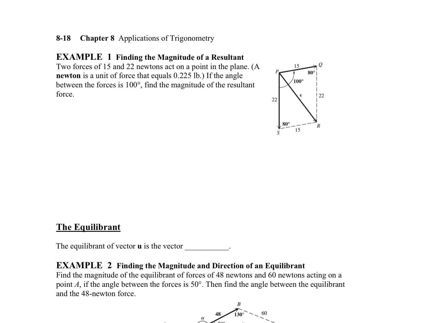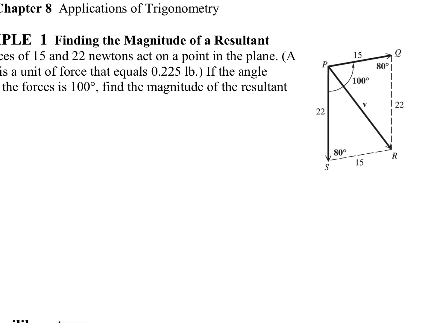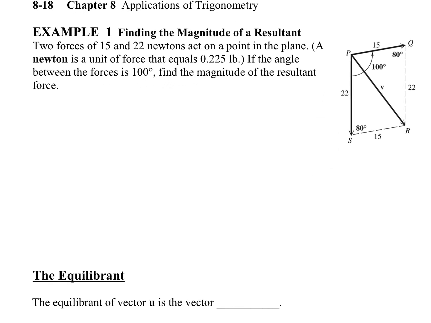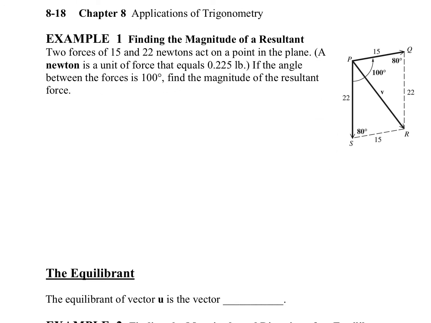All right, example 1. We're going to find the magnitude of a resultant. Now remember what that means. If we're finding the magnitude of a resultant, that means we're adding two vectors together. Let's read the problem. Two forces of 15 and 22 newtons act on a point in the plane.